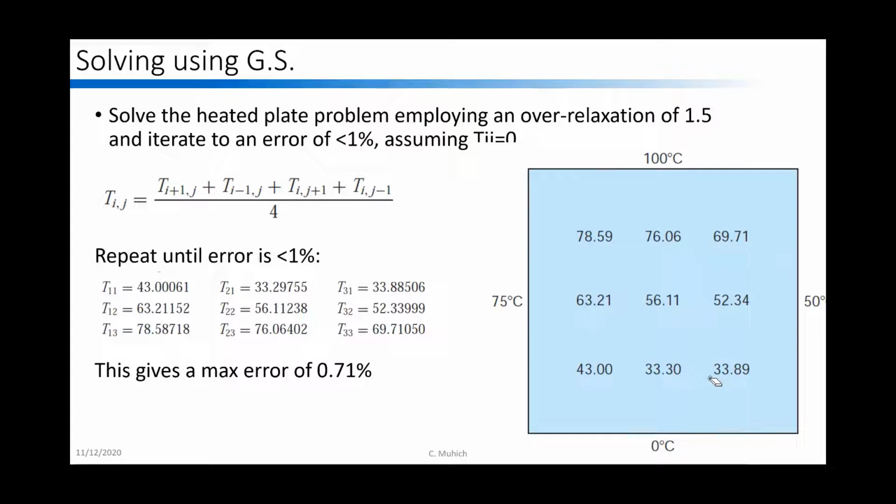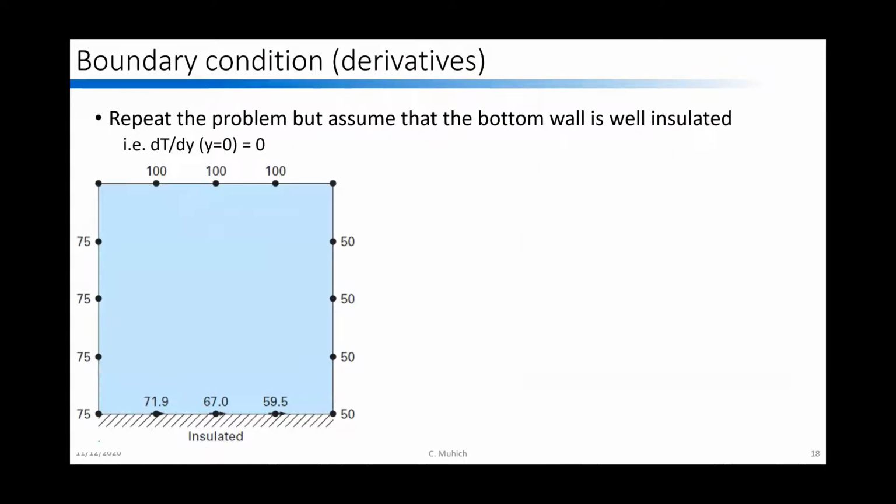Okay, so let's go ahead and address this again using our finite points, our nodes, but let's address this using a derivative or our Neumann boundary condition problem. This time, we still have our nodes on the left being 75 degrees, our nodes on the right being 50, and our nodes at the top being 100.